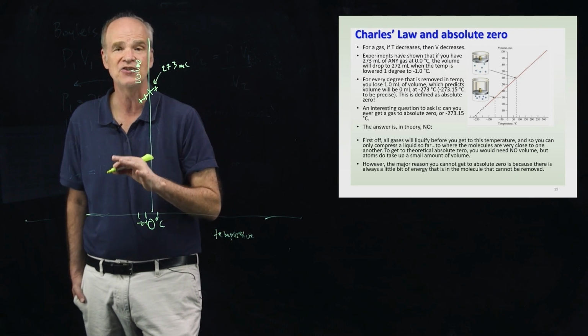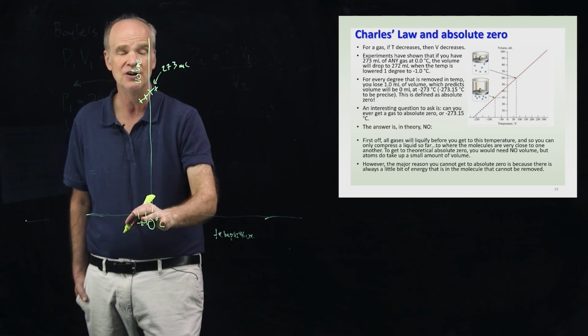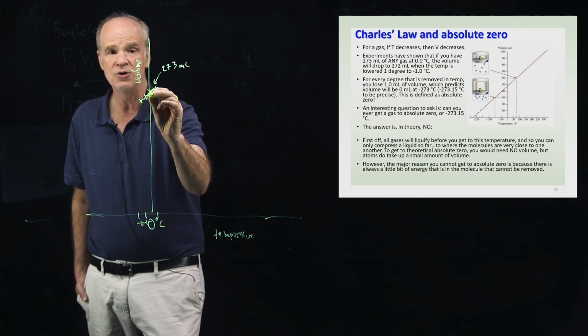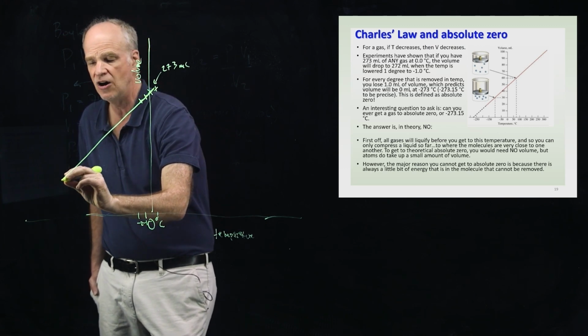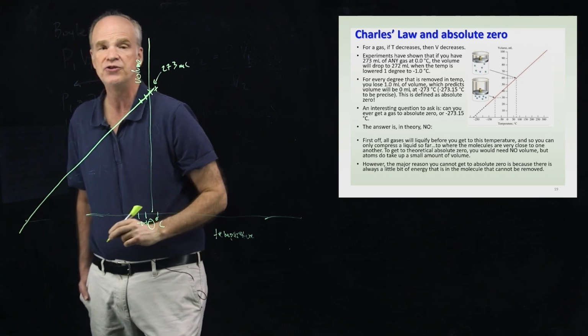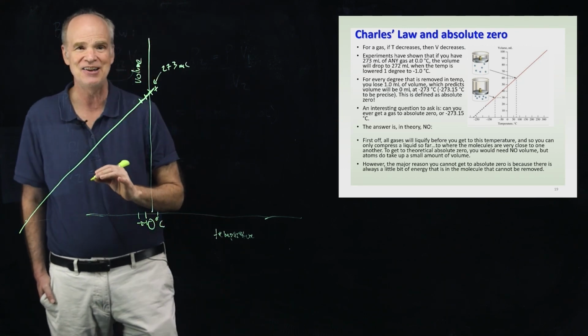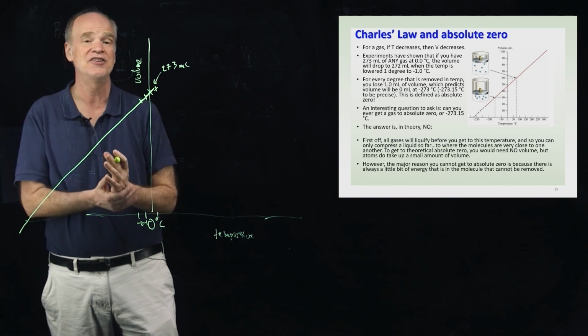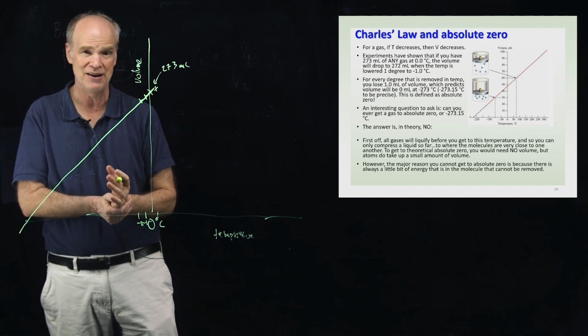So you might expect that there'll be a temperature that we'll get to that will be so cold that the volume of the gas can be brought all the way down theoretically to 0, meaning it's gotten so cold that your gas, which has some volume, has absolutely no volume at all.